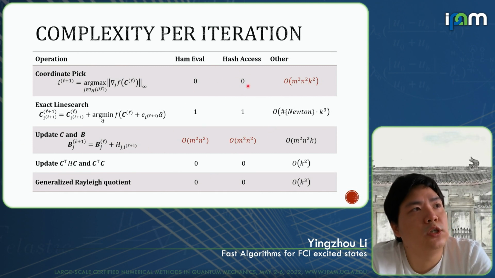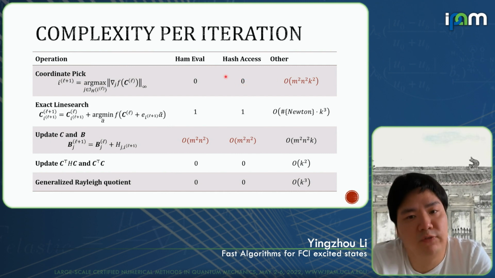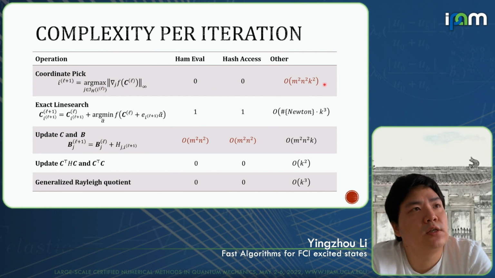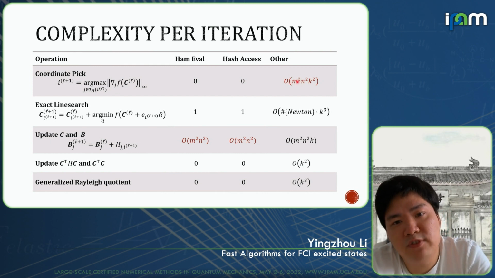So we do not need to re-access those entries. We just reuse what has been saved from the previous iteration. The only cost is calculating the gradient, which is m squared times n squared times k squared. M squared times n squared is essentially the number of non-zero columns. So this is the size of the non-zeros times k squared.